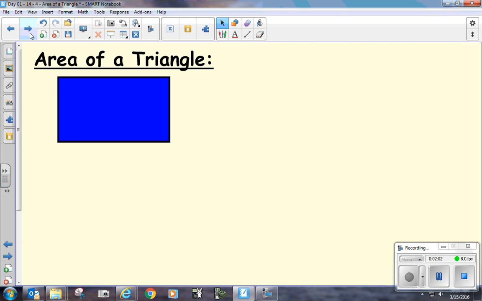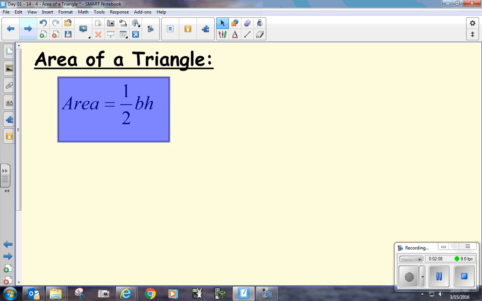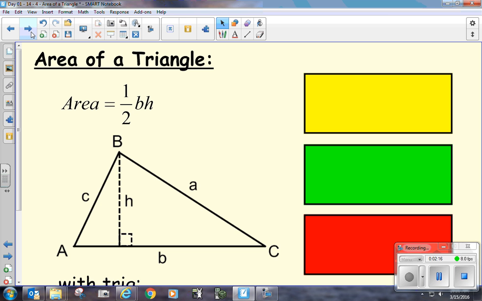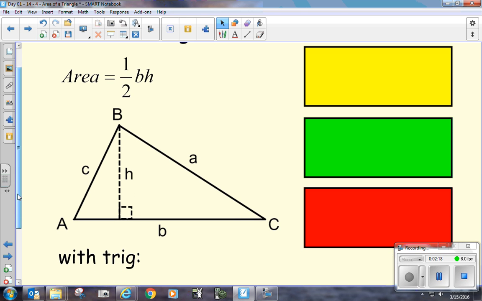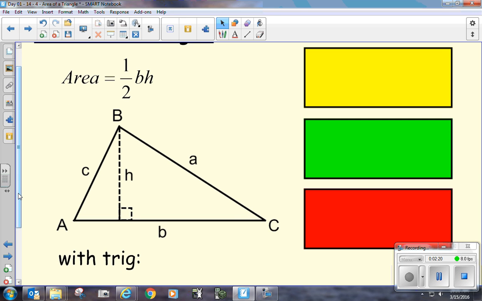But here's where we're going to try and bring trig in. We just went over that the area of a triangle is 1/2 base times height. So the question is, what does that have to do with trig? Well, there are 3 ways to write this formula. It's really just one formula, and I'll explain this in a second.